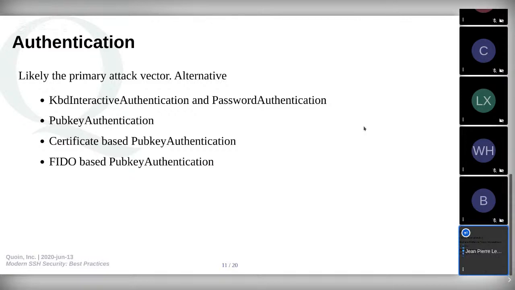Public key is, if you know a little bit more, you generally will go to public key. It's easier to use, and also arguably more secure. I actually recommend certificate-based public key authentication, which gets layered on top of public key. And then there's a brand spanking new FIDO-based public key, which I'll talk about in just a minute.